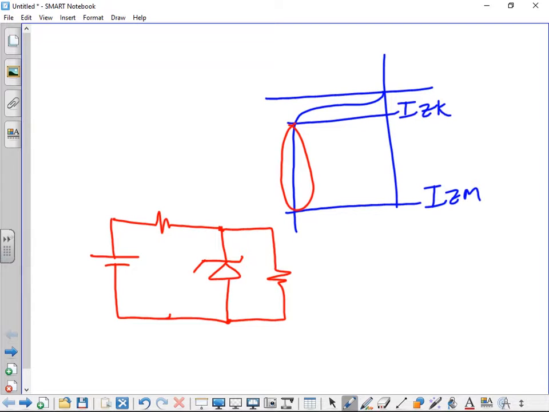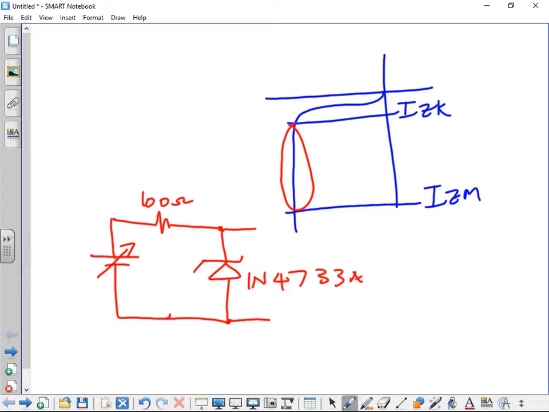Okay, and then our R here is 100 ohms, and then we have the variable input voltage. Okay, so our Zener is specified as this one here, 1N4733A.